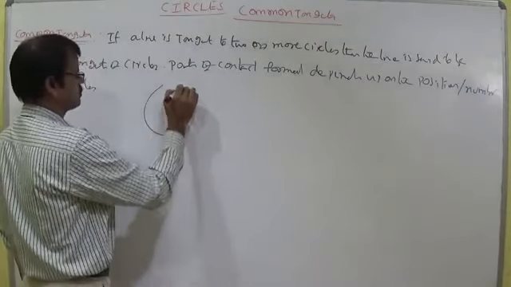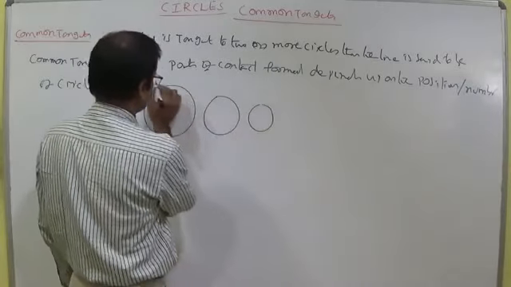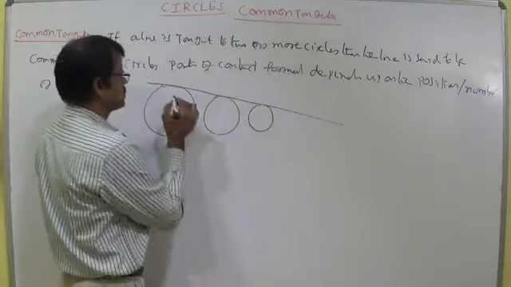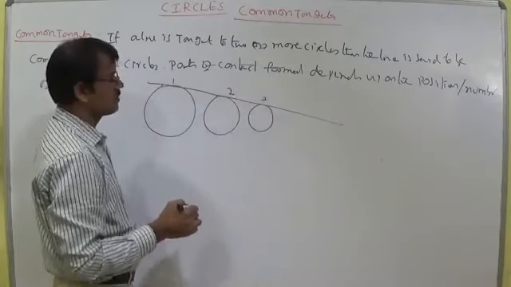Example, let us draw like this. Now what is happening? This is the common tangent. So this is 1 point of contact, 2 point of contact, 3 point of contact.